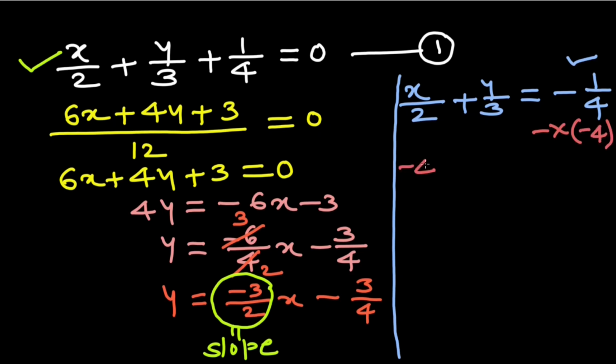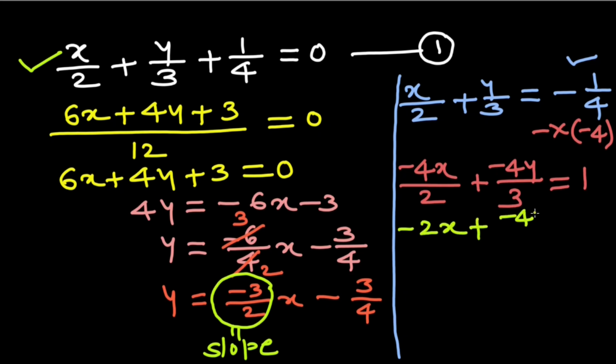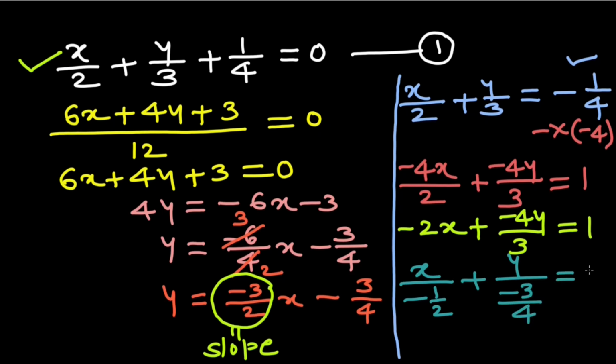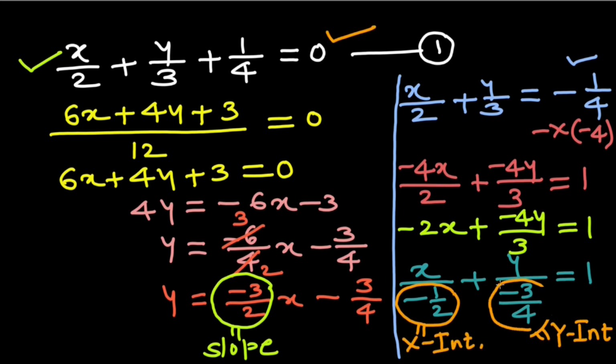So it will be minus 4x by 2 plus minus 4y by 3 equals 1, which will be minus 2x plus minus 4y by 3 equals 1, which we rewrite as x by (minus 1/2) plus y by (minus 3/4) equals 1. So here minus 1/2 will be the x-intercept and minus 3/4 will be the y-intercept of this line.